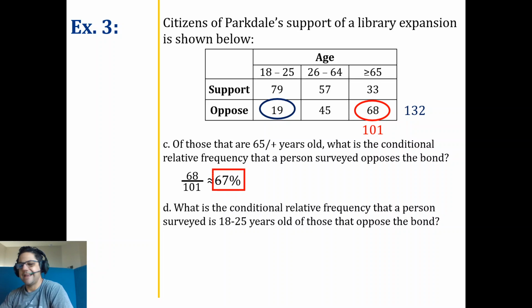So I had to add up the 19, 45, and 68. So I'm going to use the 19 from that age group and the 132 from those that oppose. About 14%.